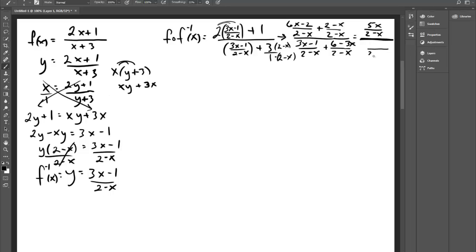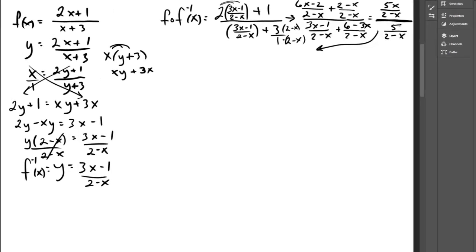On bottom, it would be 2 minus x. And on the top, the 3x's would actually cancel. So 3x minus 3x would be nothing. Negative 1 plus 6 would be 5. And we are good to go. This problem right here is now a division problem. And we're one step away from being done with that. So what that means is this divided by this.